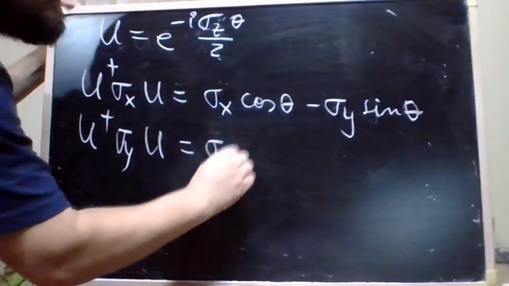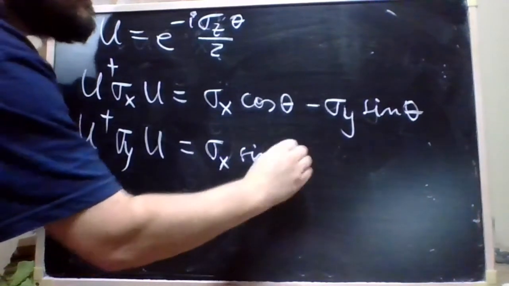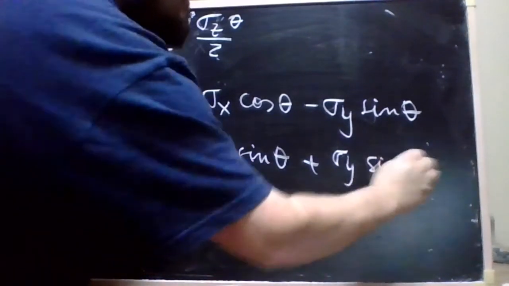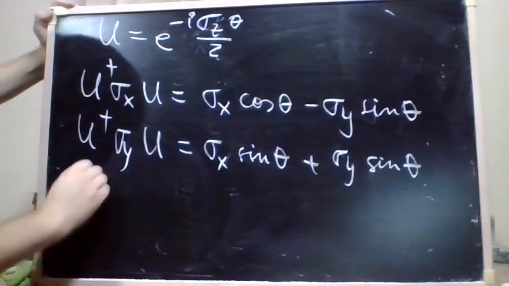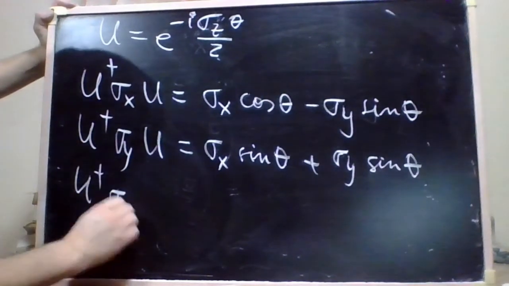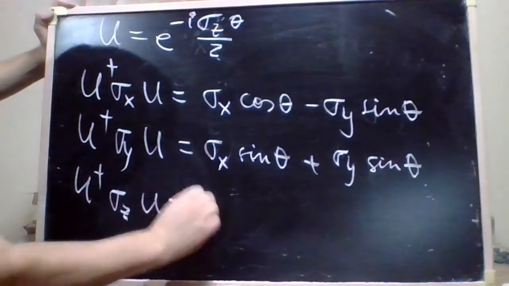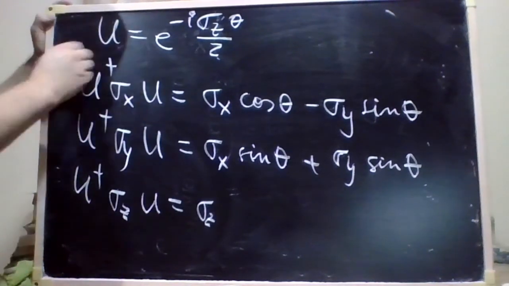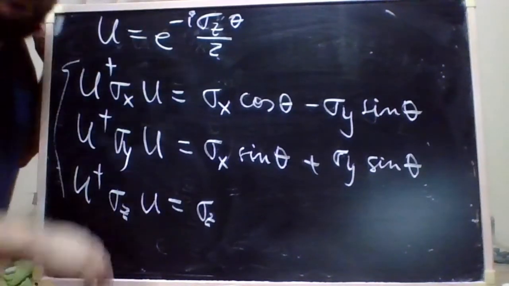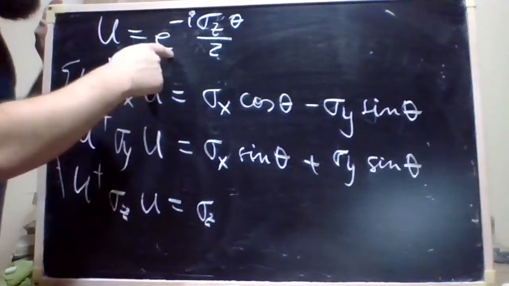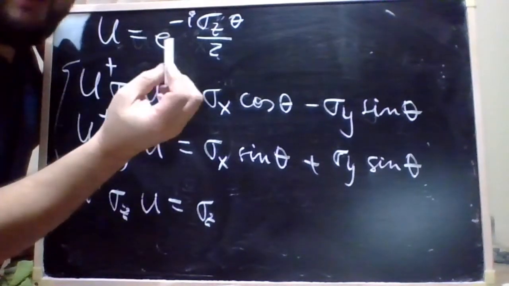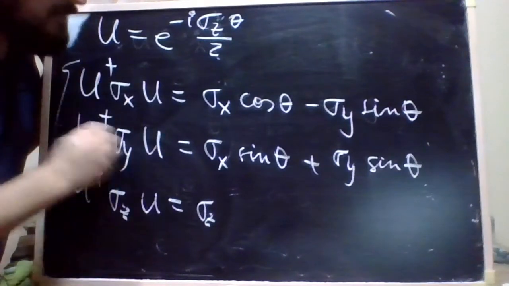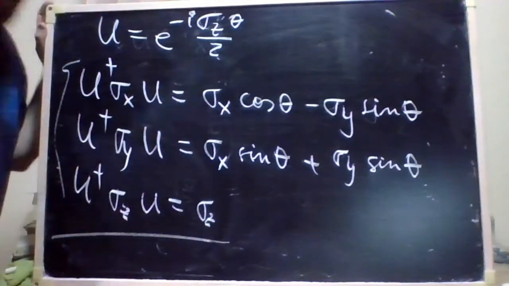So we'll find out this thing here. Right, it's a general result. And in this case, of course, the z component keeps untouched, or it doesn't change because your operation is around the z axis. So you're rotating the sigma x and sigma y matrices, but not rotating the z component.